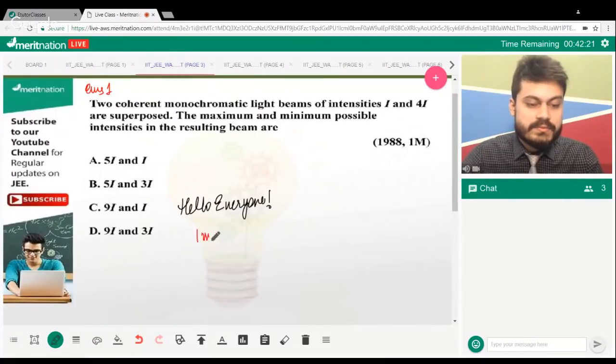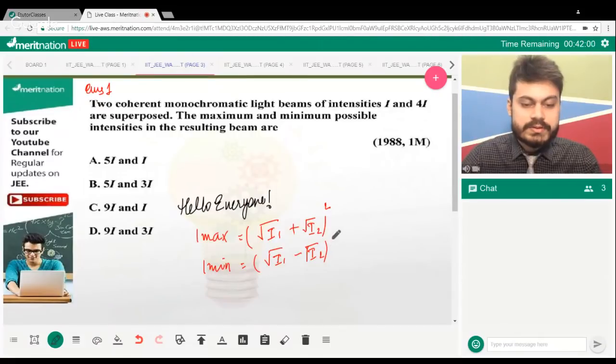So maximum intensity whenever there is a superimposition of two intensities is (root I1 + root I2) whole square. This is something which you should be knowing. It's a simple one. And minimum is (root I1 minus root I2) whole square.